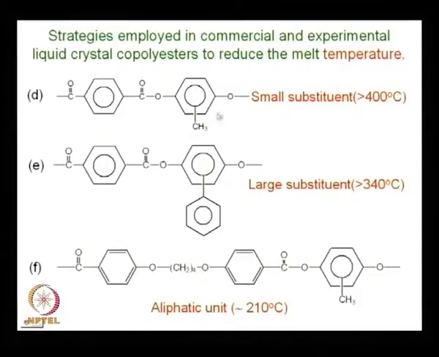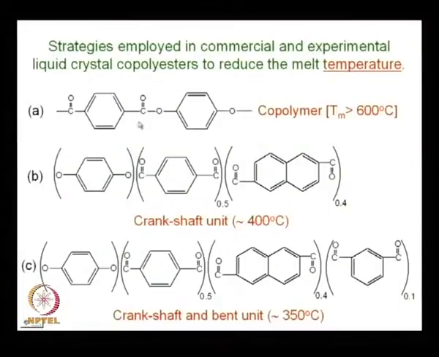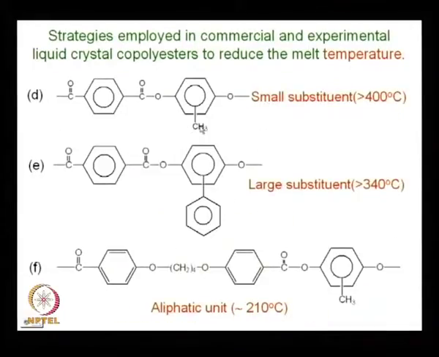Again substitution, this methyl substitution, that can be anywhere, here, that substitution further, the same first structure, this one. When any of these two rings are substituted with methyl substitution, then the temperature has come down from 600 to 400 degree.